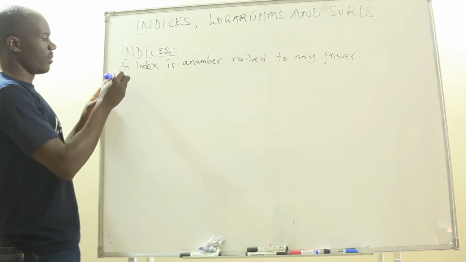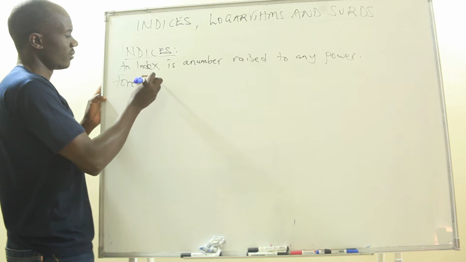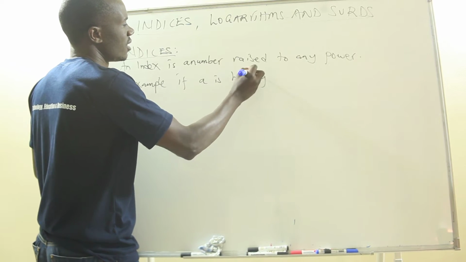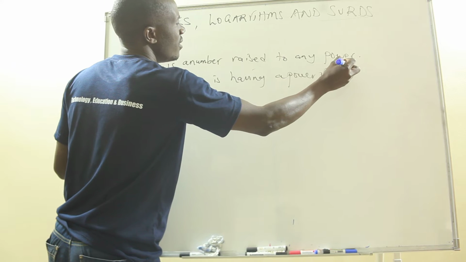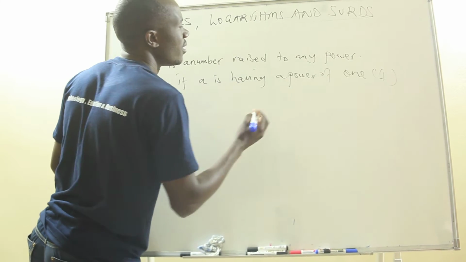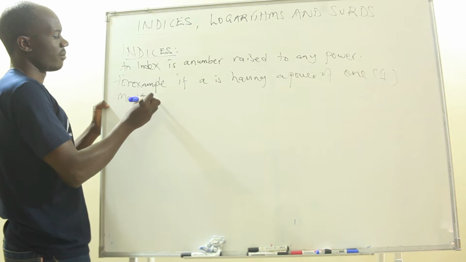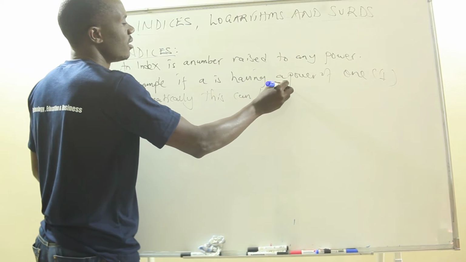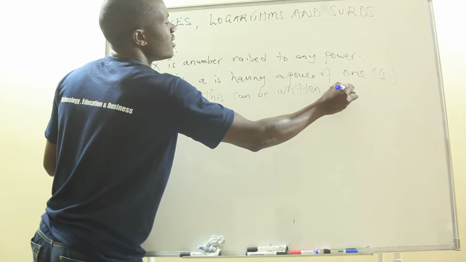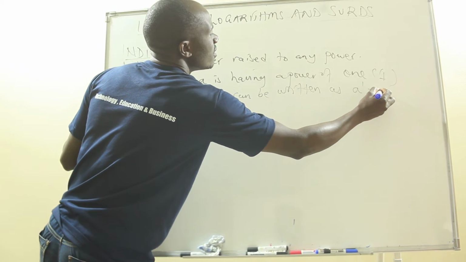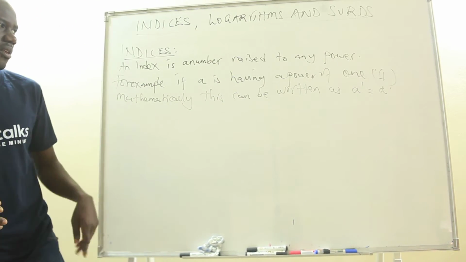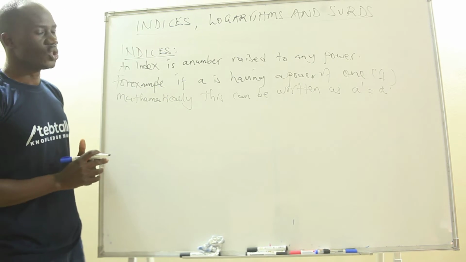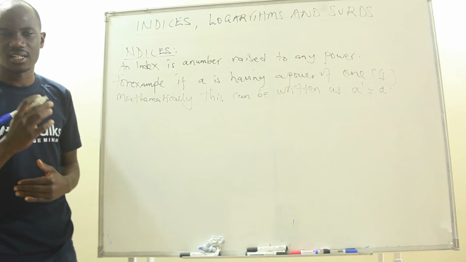For example, if A has a power of 1, mathematically this can be written as A power 1, which is the same as A. So you can see that A power 1 is termed as an index or indices. We are going to be building more and more on that.